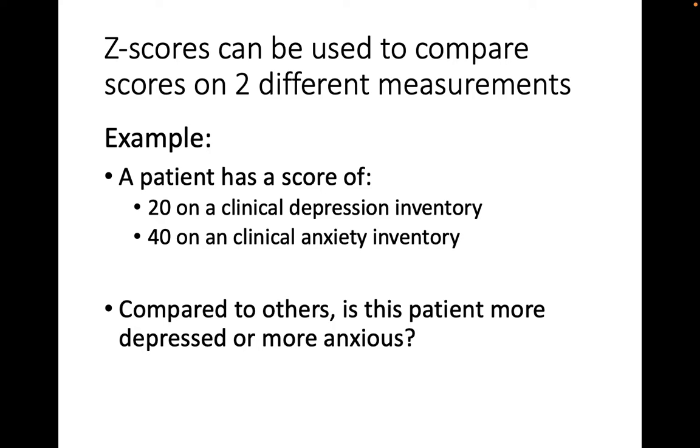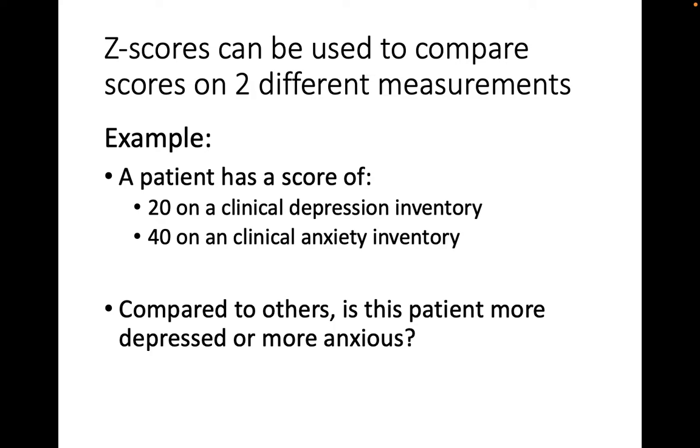The 20 and the 40 are both their raw, unstandardized scores based on however those inventories are scored. Now, the question would be, compared to other patients, is this patient more depressed or are they more anxious?